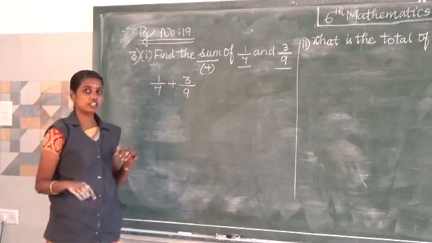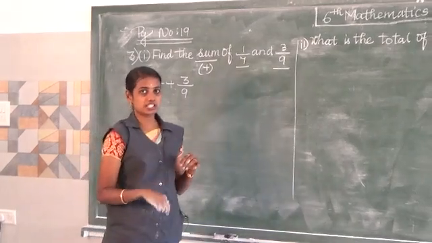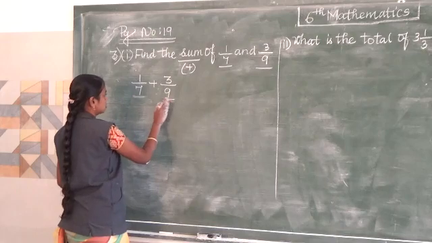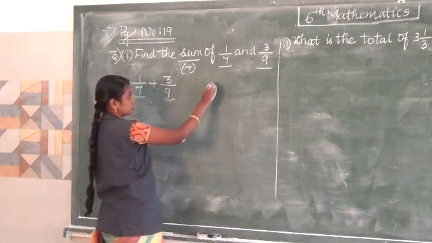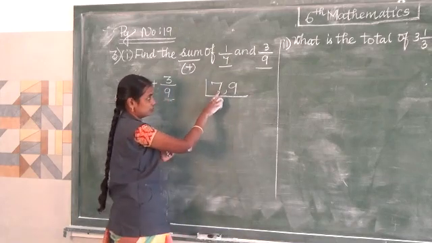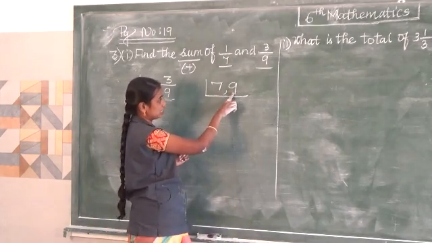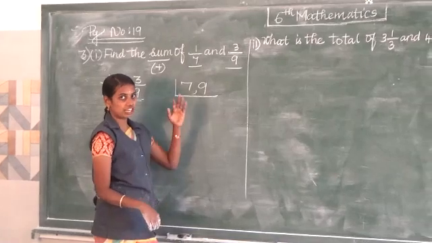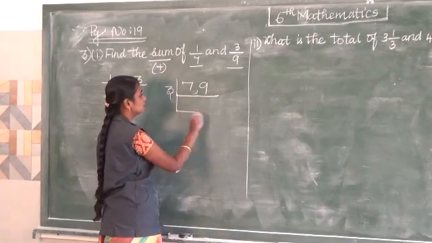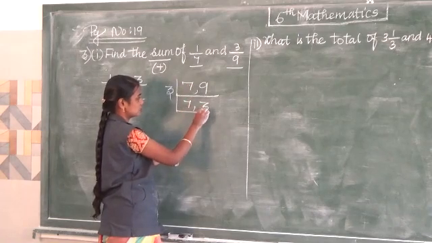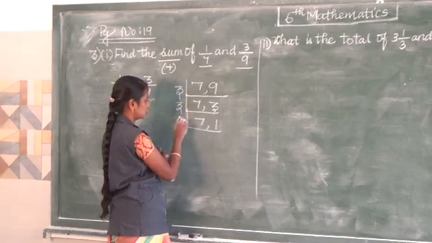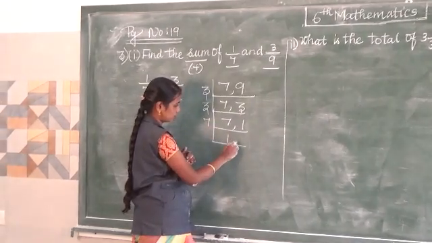Before we go for addition or subtraction, it must be a like fraction. Here it is unlike, and unlike means take the LCM for 7 and 9. Here, 7 table, you cannot take in the 9 table. You can go with prime factors, only prime numbers we have to use. 3 table, 7 write as it is. 3 table, then again 3 table, 7, 1, then 7 table, 7 ones are 7 and 1.